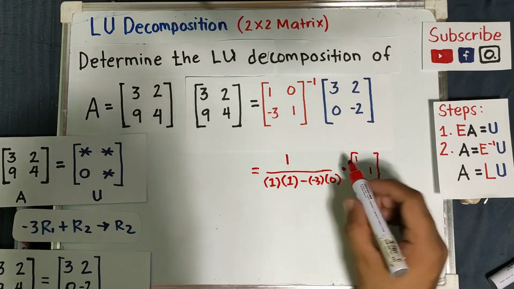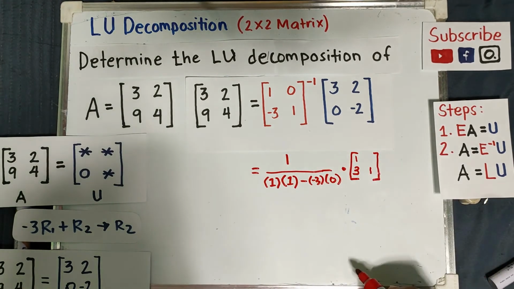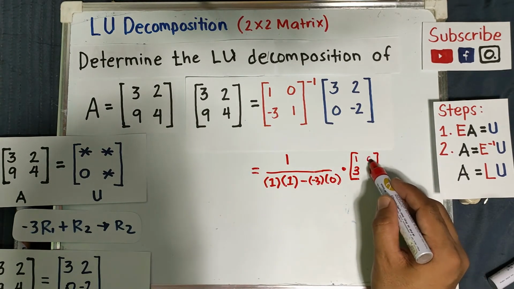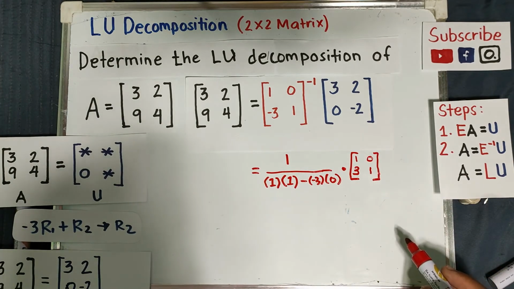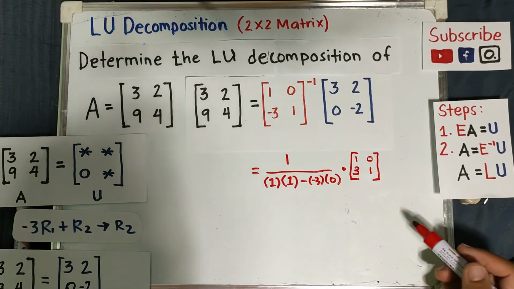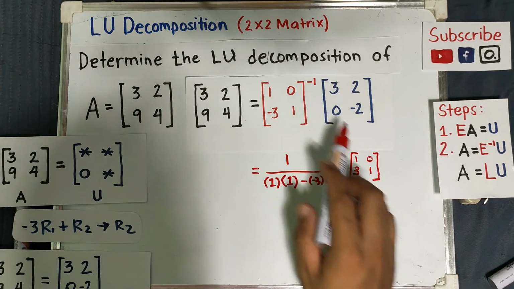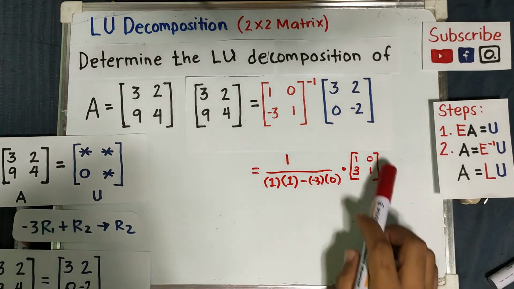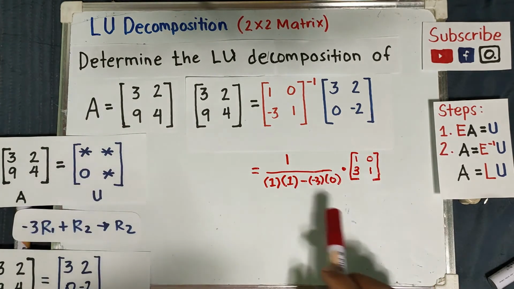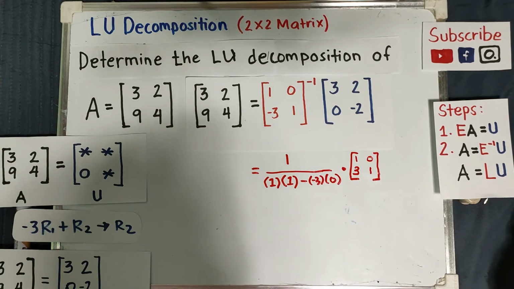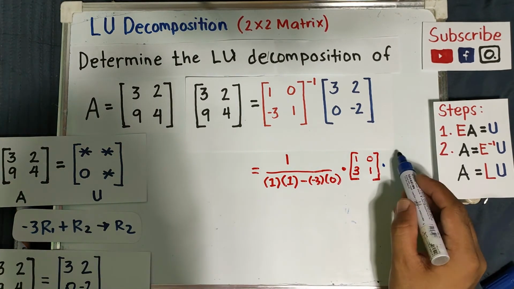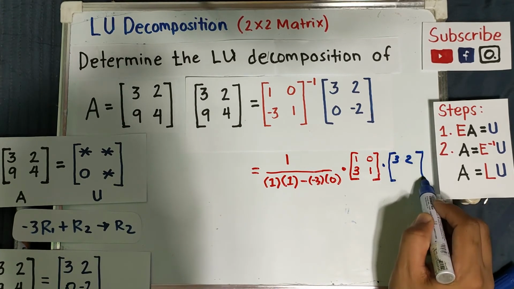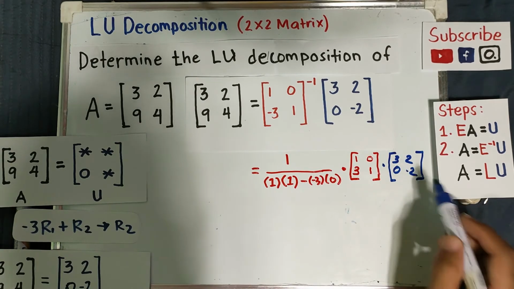So negative 3 here, we will have positive 3. For 0, what we write is also just 0, because 0 has no sign. But if it is 2 here, what we put here is negative 2. That is how we write the inverse. But we will solve that later. And it is multiplied by our upper triangular matrix, [3 2; 0 -2].